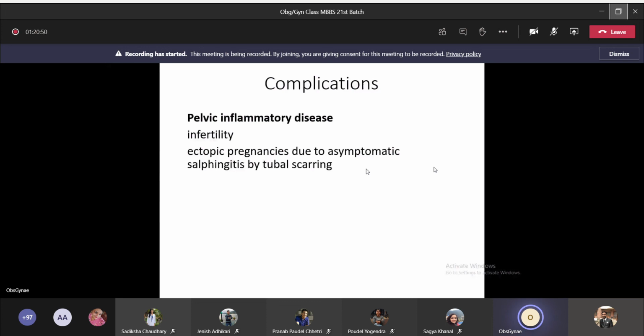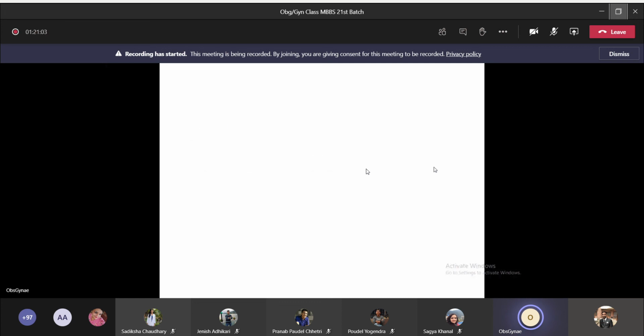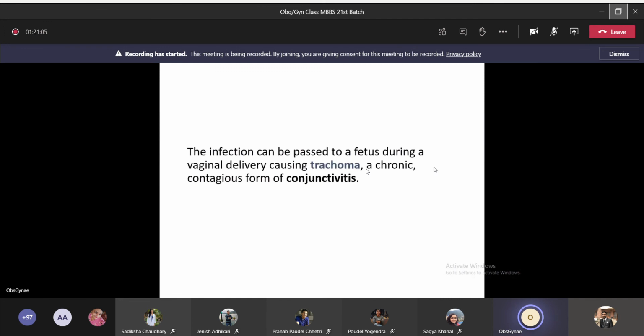By infection of the fallopian tube, there is more chance of ectopic pregnancy due to asymptomatic salpingitis and tubal scarring, and this may lead to infertility also. And the infection can be passed to the fetus during vaginal delivery, causing trachoma, a chronic contagious form of conjunctivitis. This can produce blindness in the newborn.